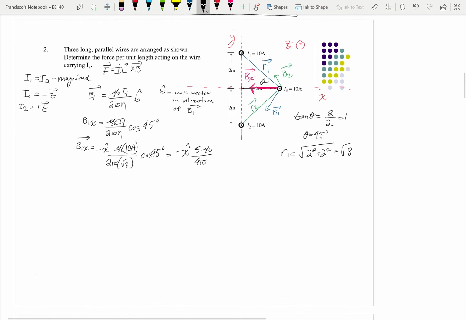Now let's find the magnetic field acting on the wire I3 due to I2.